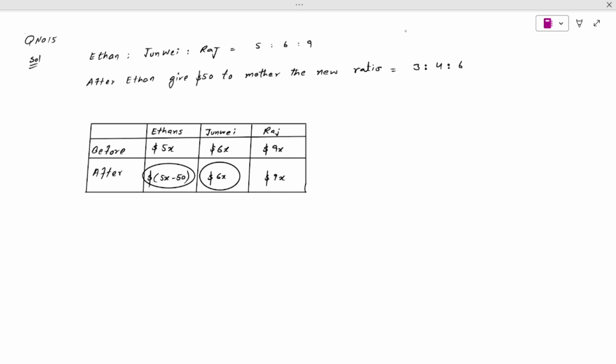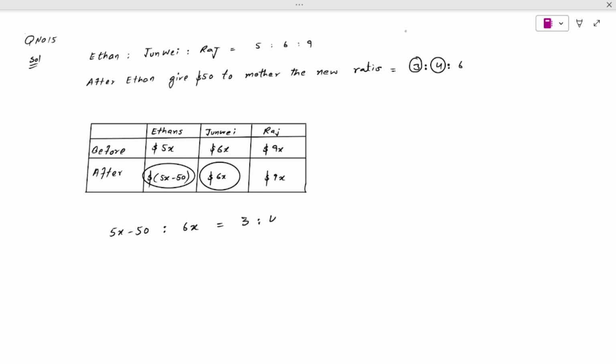Their new ratio is 3:4. So let us consider 5x minus 50 as the amount Ethan has, and the amount of Junway is 6x, and their new ratio is 3:4.